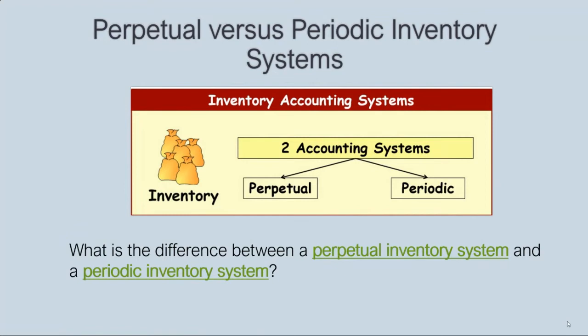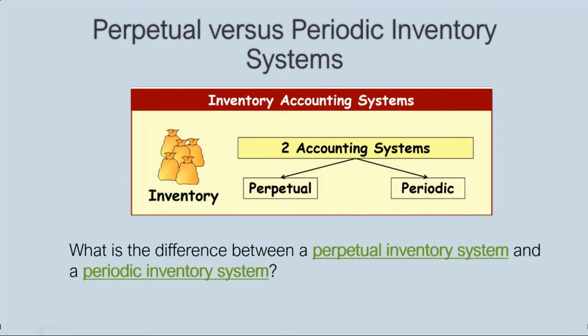Once we've done that stock take at year end, we calculate our actual cost of sales for the year by taking all the purchase or expense accounts relating to that stock, adding them together, adding the opening stock, deducting the closing stock, and then we get to the cost of sales.